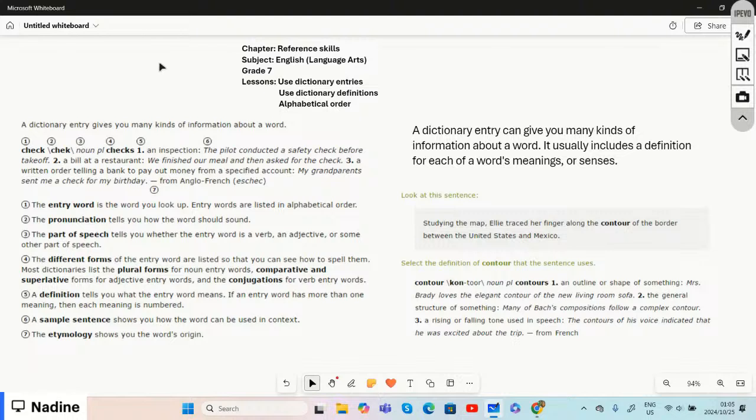And the lessons that we are going to be focusing on under the chapter of reference skills are to use dictionary entries, to use dictionary definitions, and alphabetical order. So that is going to be our lessons for today. Use dictionary entries, use dictionary definitions, and alphabetical order.